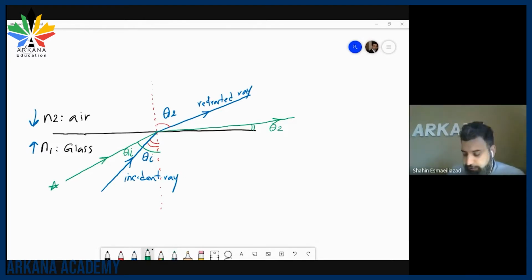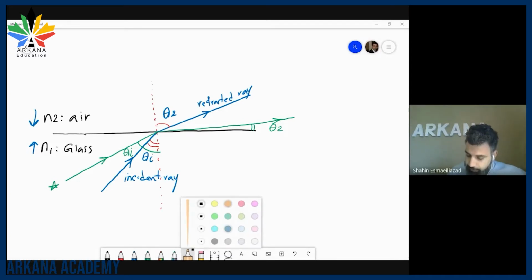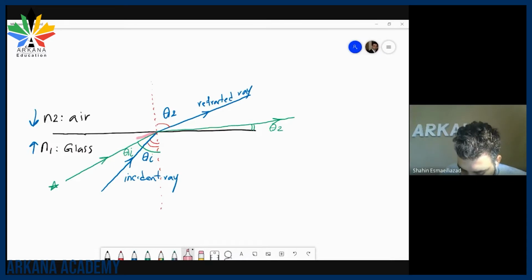And there's going to be a situation where you have your incident ray at a very specific angle, maybe like somewhere here, and again your new theta would be this one.